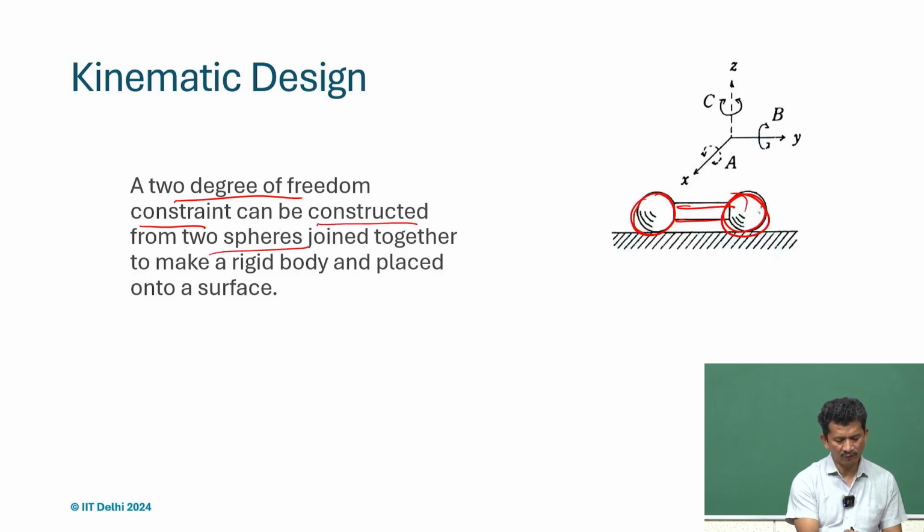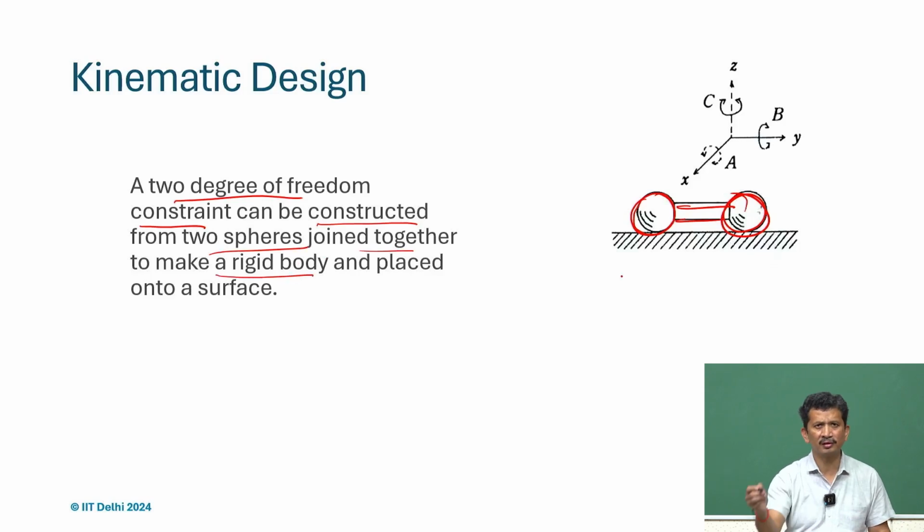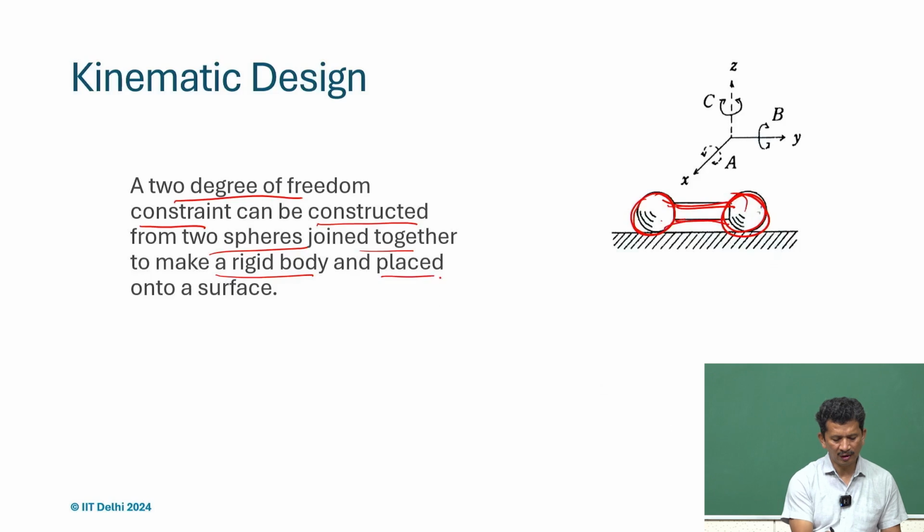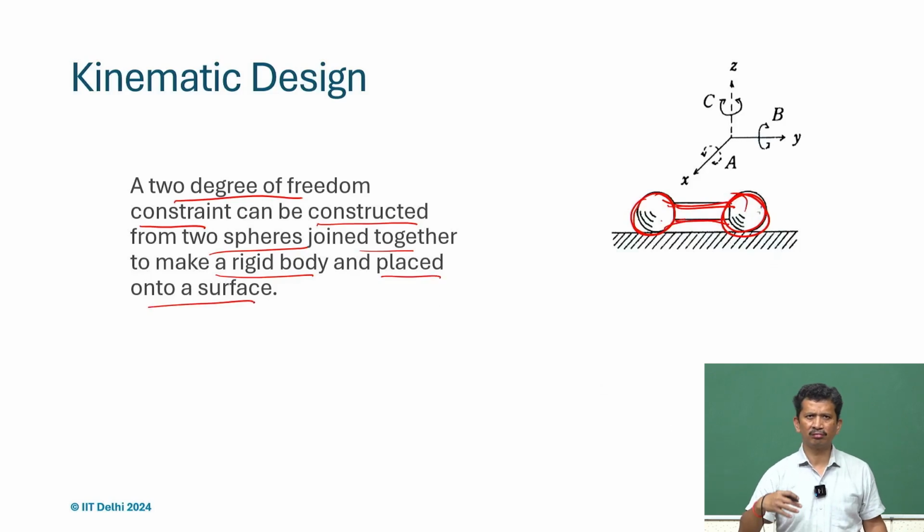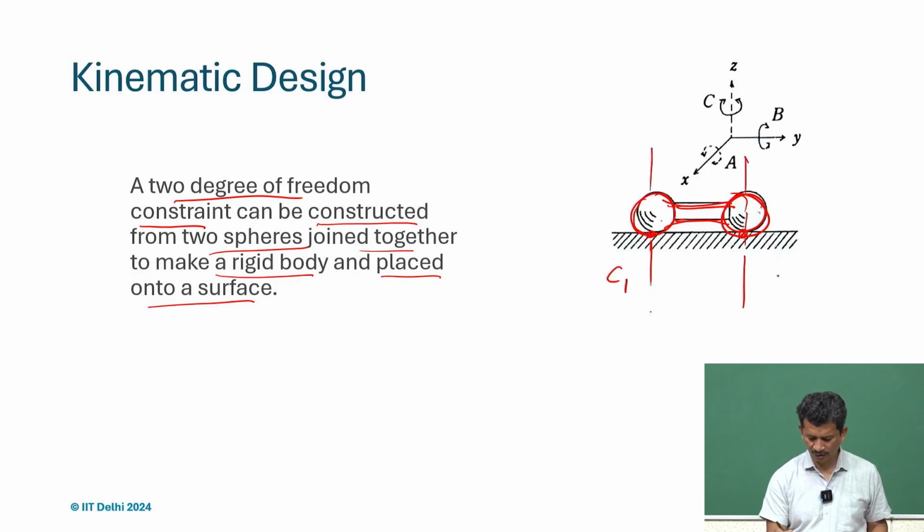We can use 2 spheres joined together to make a rigid body. They are connected rigidly. It can be connected by any means, but here we simply say, okay, this is how it is connected and placed on a surface. Any object, if we take and try to put on the surface, is making only 2 contacts here. These are the 2 constraint lines we are now talking about, C1 and C2, and these are the 2 contact points.